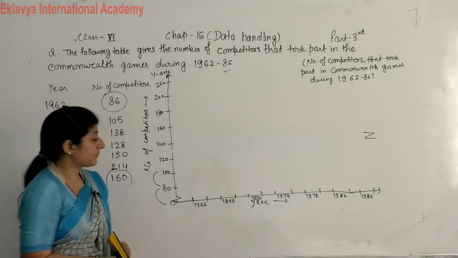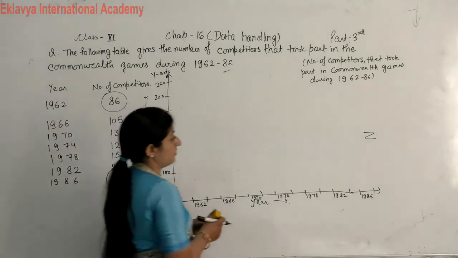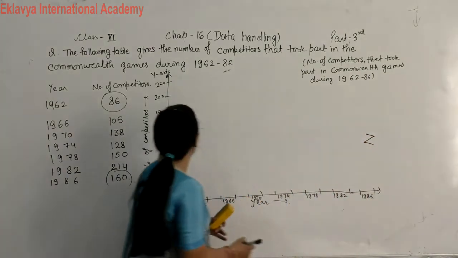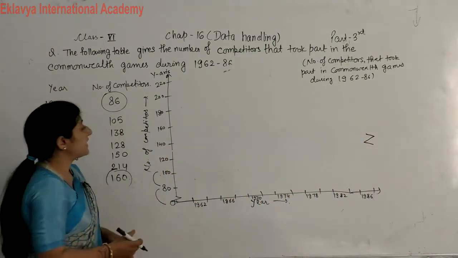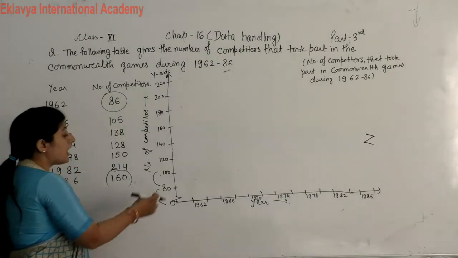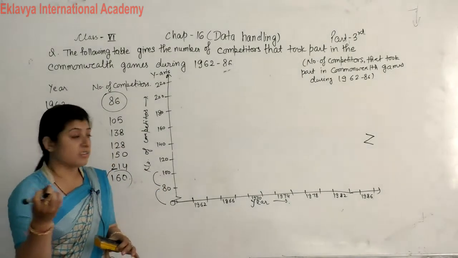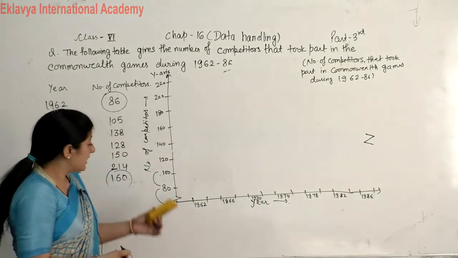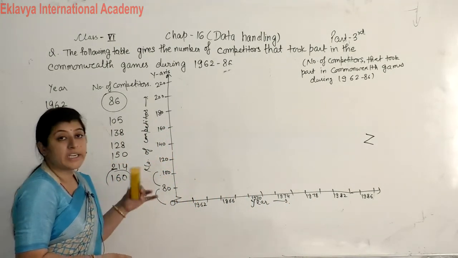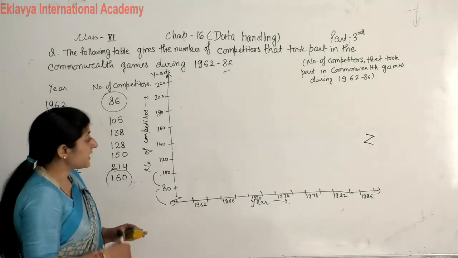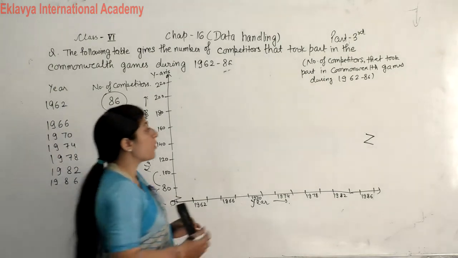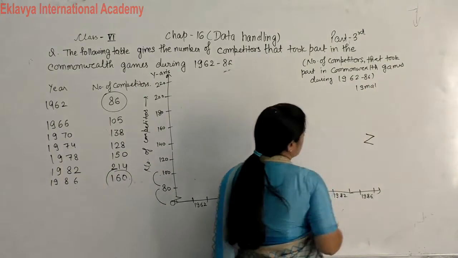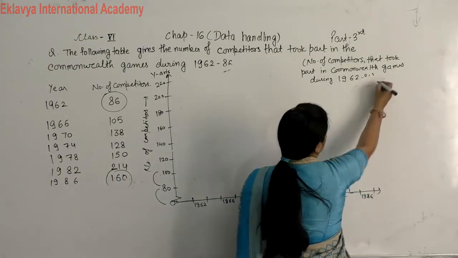Now see, how to represent this value on the bar graph? Small scale: what does your small box represent? Now there is a gap of 20. So what is the scale for each small box?